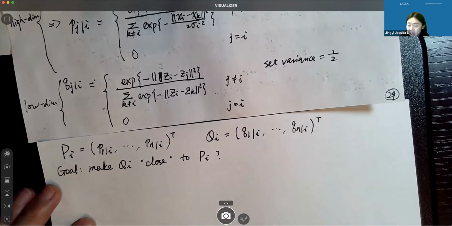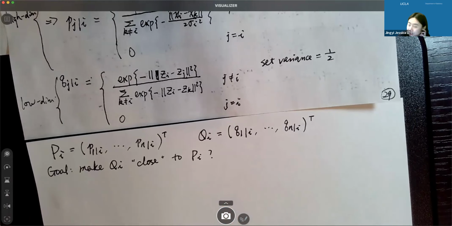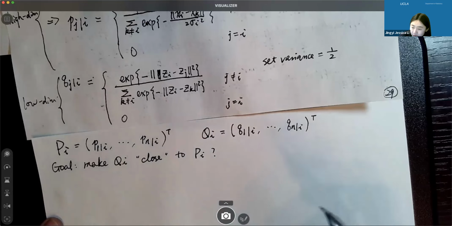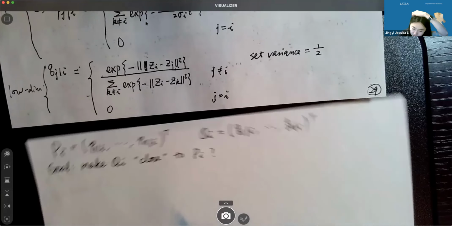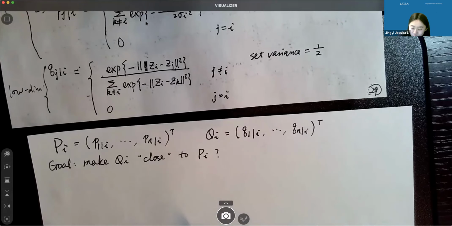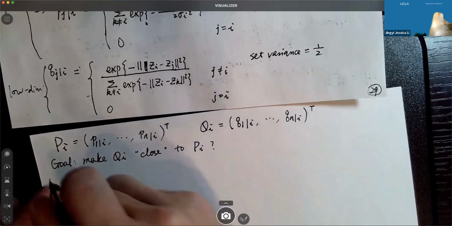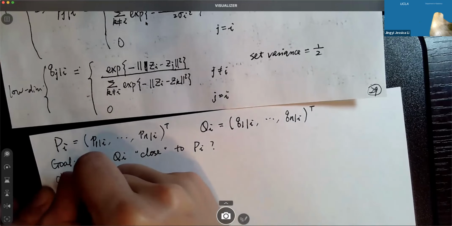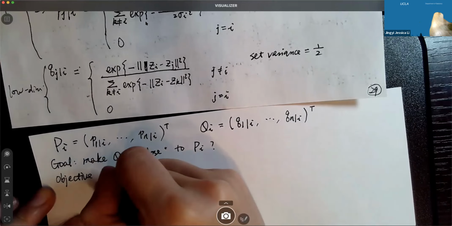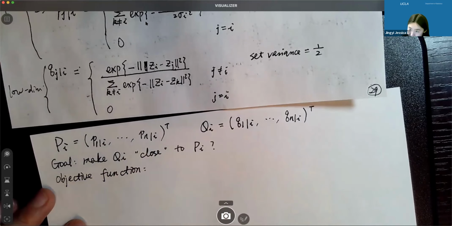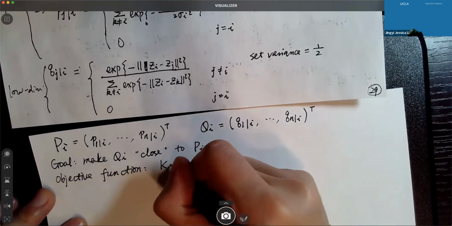How do we address this issue? How do we make two probability vectors, right? Each vector sums up to 1, that's by our definition. How do we make two probability vectors close to each other? We can use the so-called Kullback-Leibler divergence, KL divergence. So the objective function, or the loss function we want to minimize, is the KL divergence.